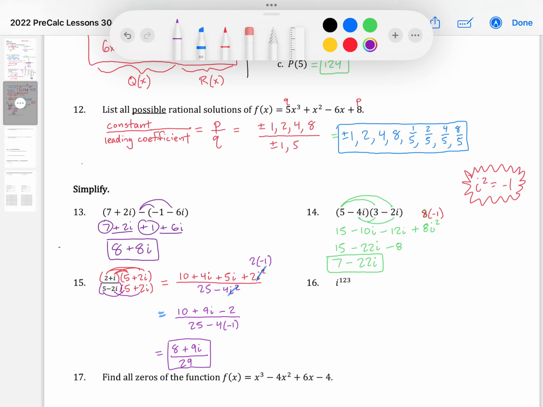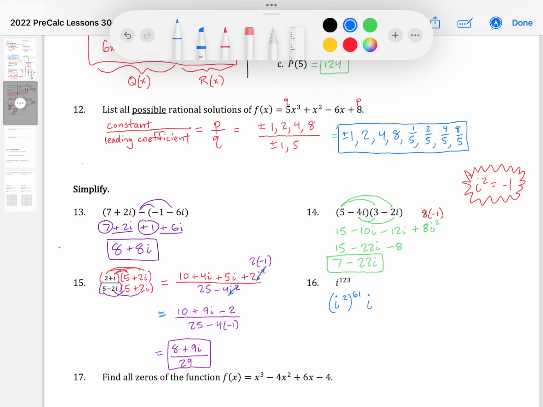All right, 16, we had a problem kind of like this on the 3.4 assignment. So what I would start with is writing this as i squared to the power of, if I put 61, that would give me i to the 122nd, and then I'd have this lonely i left over.